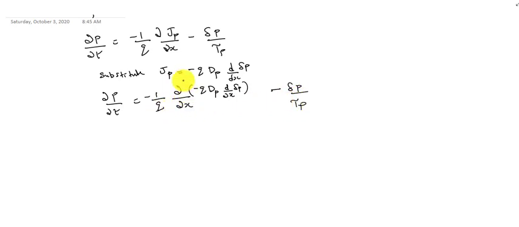So we substituted the value for Jp, and the minus q gets cancelled, Dp is constant, and minus minus becomes plus. So dou by dou x of del p means dou square del p by dou x square, minus del p by tau p.